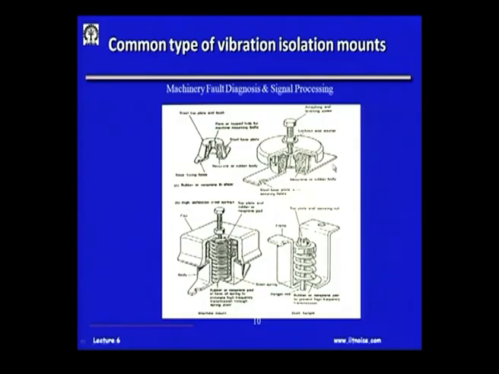One component of the structure is attached to the base, another component is attached to the top, and same is true here, wherein we have the neoprene pad or rubber pad. On top of it, we also have a helical spring. Depending on the payload, if the payloads are more, we can have a bigger helical spring. If the payloads are less, sometimes the pads are good enough to take the payload.